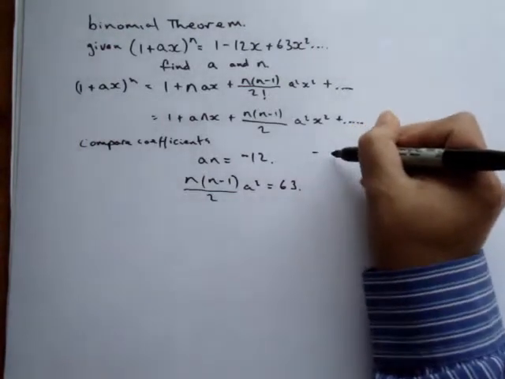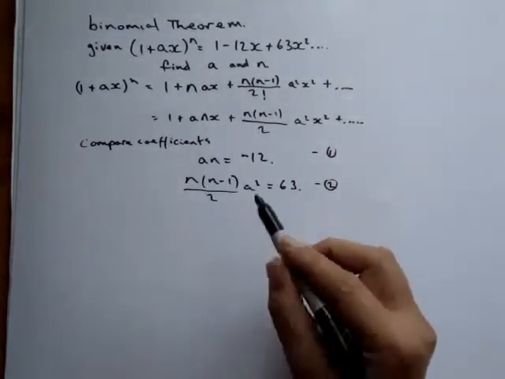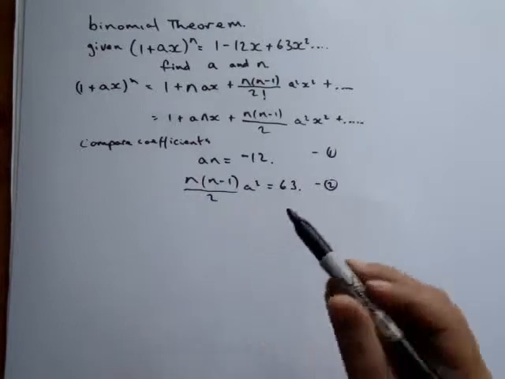So if we label this equation 1 and this equation 2, we can get a to equal something here.